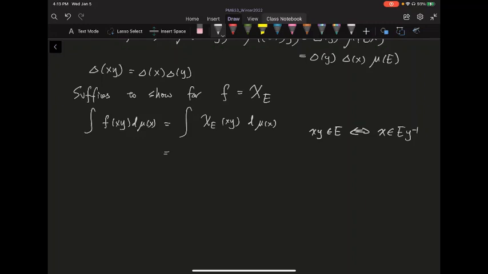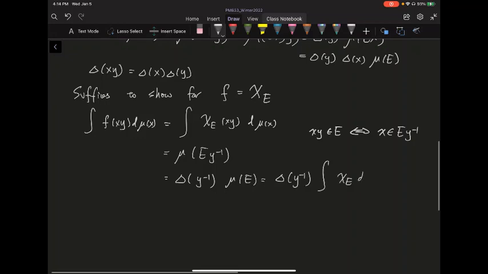So this is essentially just equal to the measure of E y inverse. And because it's translated on the right, I can move the y inverse out by the modular function. So I get a delta y inverse and I get a mu of E. And this is just delta y inverse times the integral of chi d mu, which if you write it back using f, is the integral of f of x d mu of x. Okay, so now you have it for characteristic functions, and you just extend it.